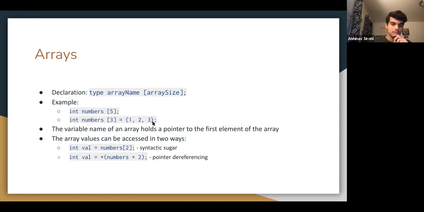An important thing to note is that when you declare an array using the first method, it doesn't actually initialize the variables to anything. It doesn't initialize all the integers to 0. So if you try to access that array, you could just get a random number that doesn't mean anything, that was just previously stored in memory at that location.